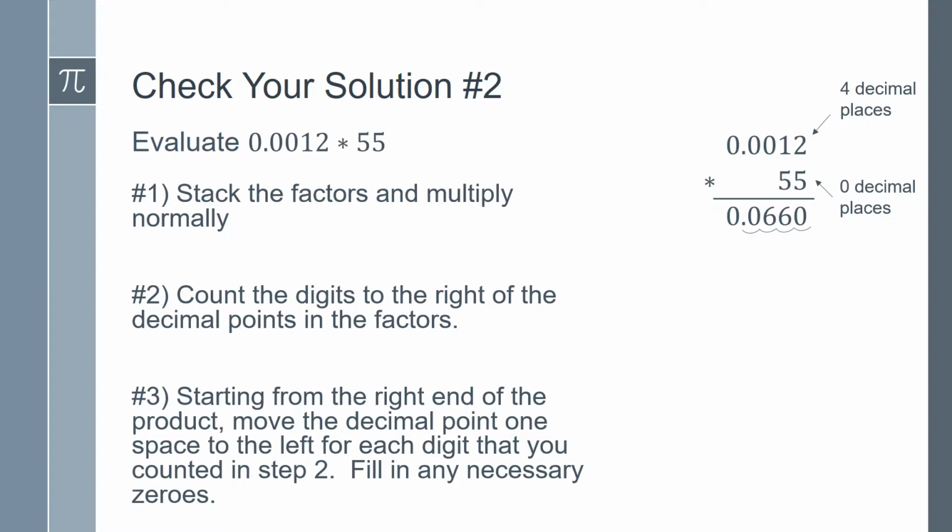And after we write in the decimal point, we always put a 0 to the left if there's no whole number there. So our answer is 0.0660. So 0.0012 times 55 equals 0.066. Notice that we dropped the last 0 because we didn't need it.